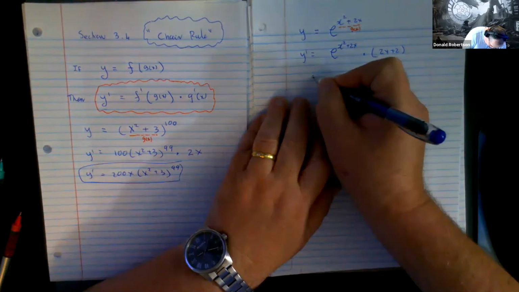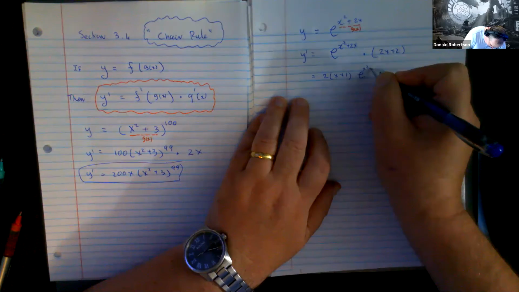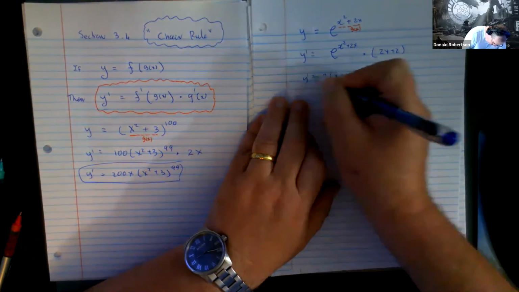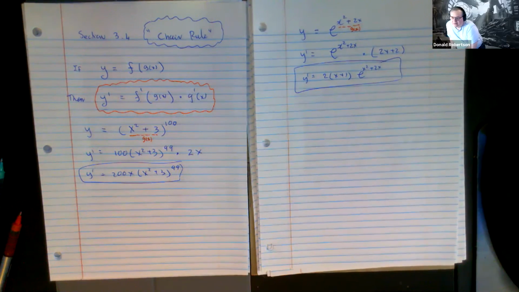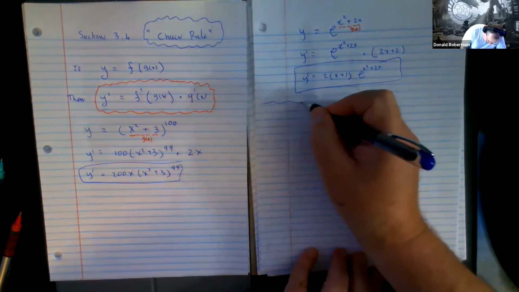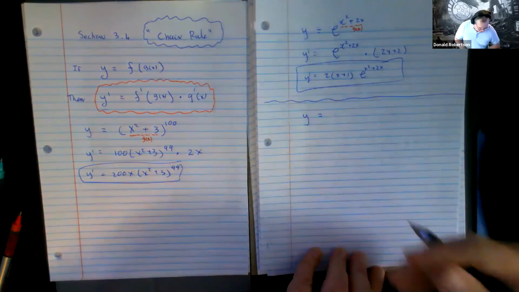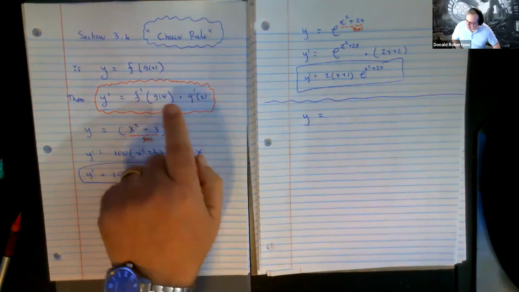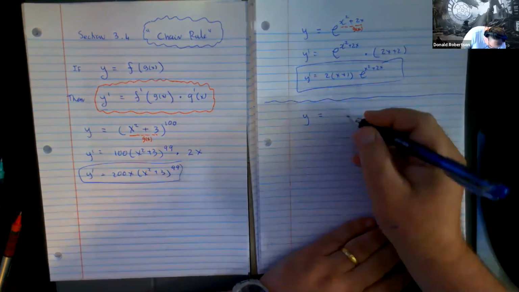And if I pull out a 2 as a common factor and rearrange the order, bingo. Now, hopefully, as I keep doing these guys, you'll begin to see it's a process rather than a formula. I'm not plugging things in. That's not really a useful way to do things.